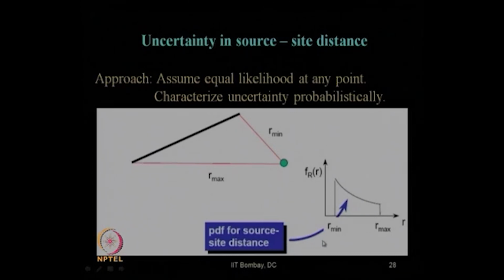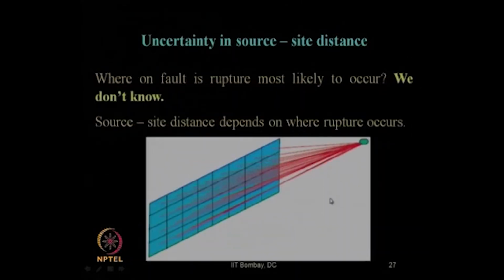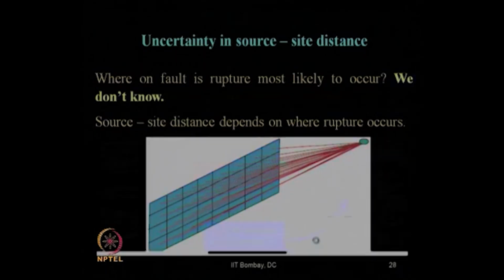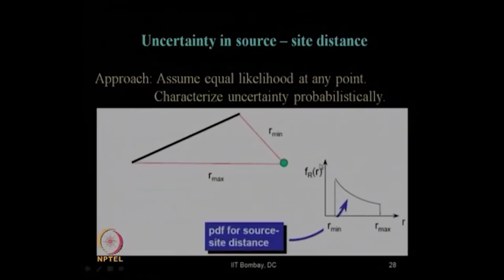So, we first need to draw the PDF for source to site distance. Based on each and every distance from minimum to maximum, you need to find out the probability of occurrence of a particular chosen value of your concern. It can be magnitude, it can be acceleration, etc., various input values; that probability distribution you need to find out.